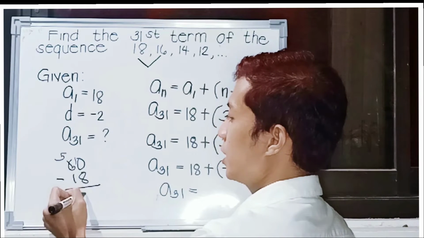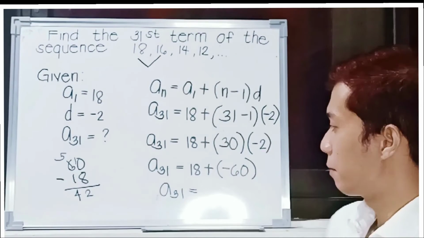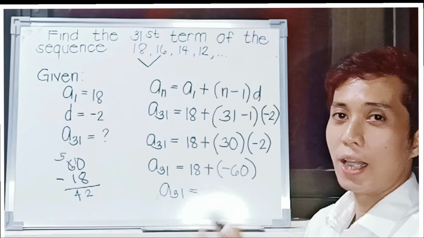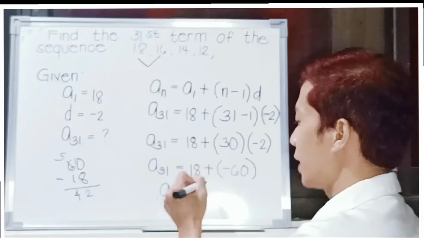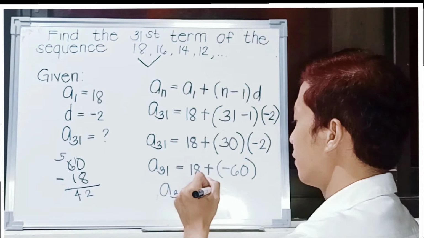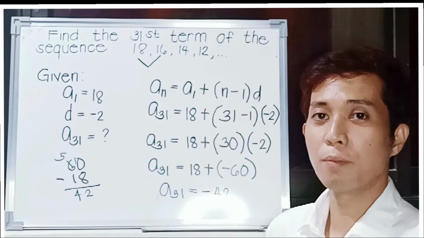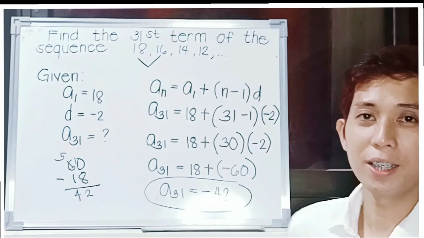So this is 2. 5 minus 1 is 4. So that is 42. But since negative 60 has a greater absolute value, susundin natin yung sign ng negative. Okay? So that will be negative 42. So therefore, the 31st term of our sequence is negative 42.